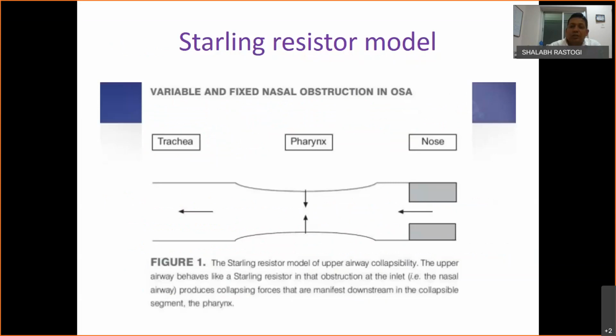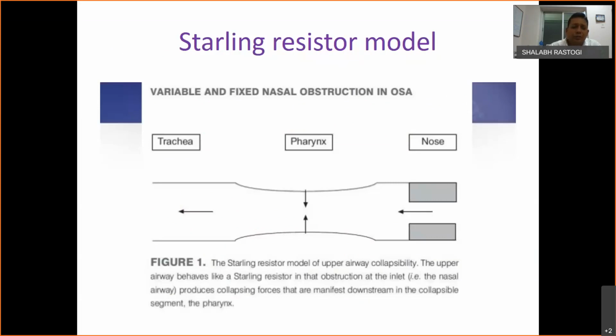Now, according to the Starling resistor model of the upper airway, if a tube is made up of collapsible and non-collapsible segments, and if the resistance at the non-collapsible end increases, then the collapsible segment may collapse because of negative pressure. The best example is a straw.